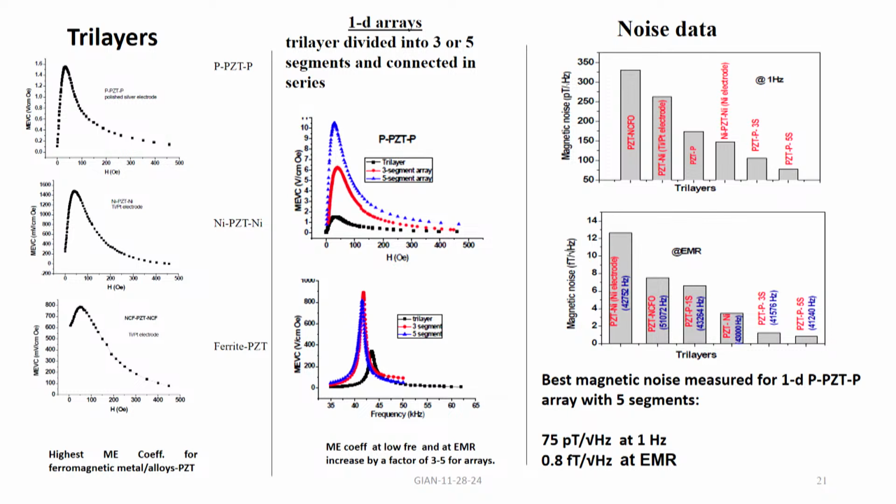So, you can go from this is nickel PCT nickel, the noise level is 150 picotesla per root hertz. That would mean that the field that you want to measure should be at least twice the noise level. So, it is good only for fields equal to or above 300 picotesla, that is what it means.